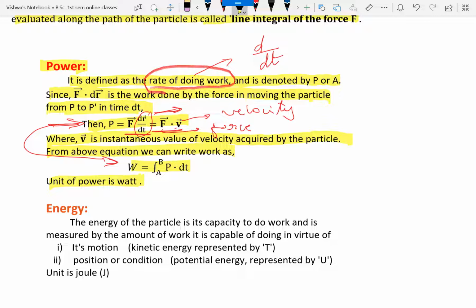Next, energy. The energy of a particle is its capacity to do work.